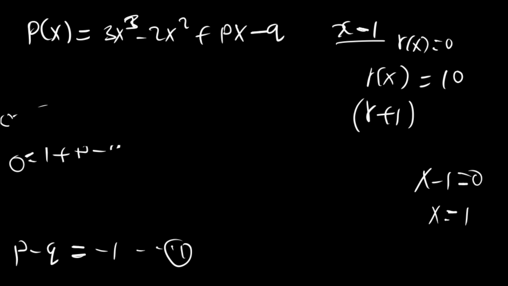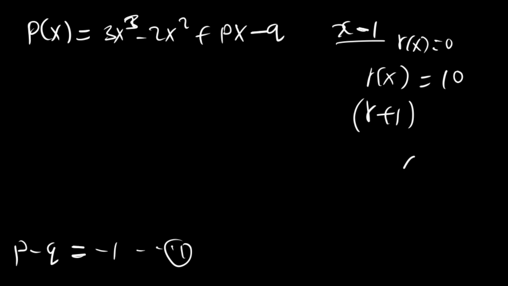The next thing is I'm going to get the one leaving a remainder and solve for x. x plus 1 is equal to 0, so x will be equal to negative 1. When I plug in negative 1, the remainder is 10, so I'm going to equate it equal to 10.